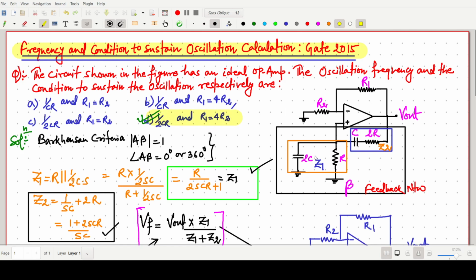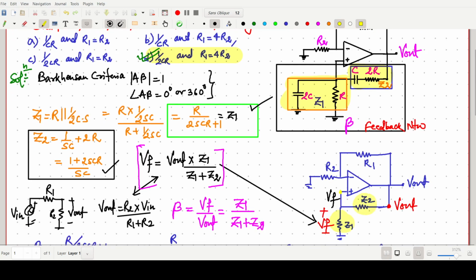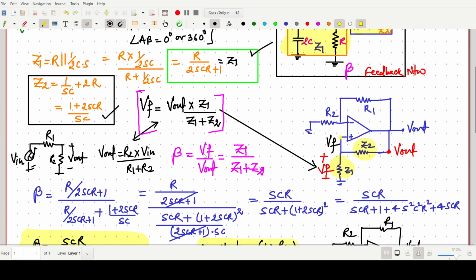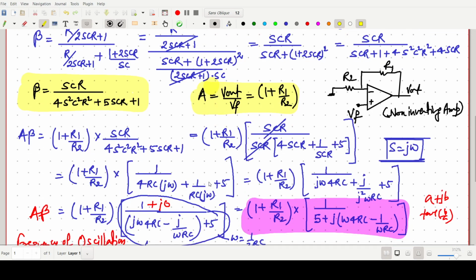So mainly we have to take care of this portion first, Z1, and this one. Then we have to modify the circuit as Z1, Z2. Then we have to find the beta in terms of Z1, Z2. Then A we have to find. Then we have to just multiply both A beta and solve the value of A beta.